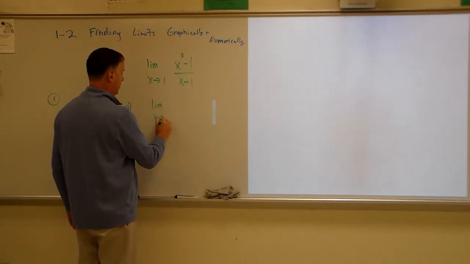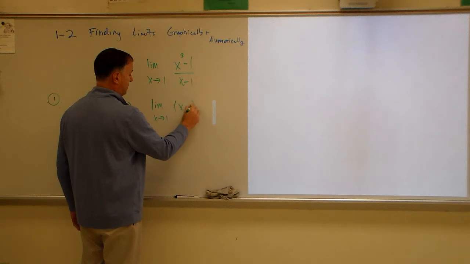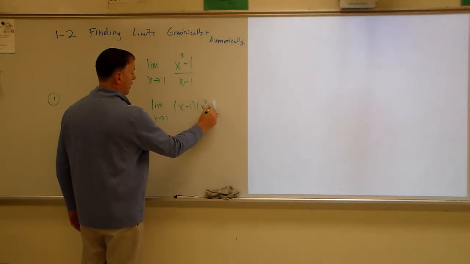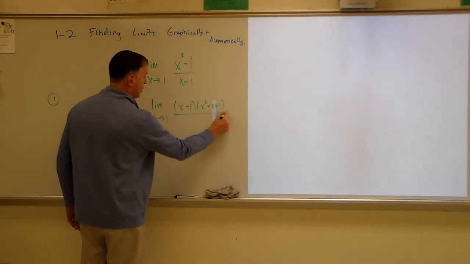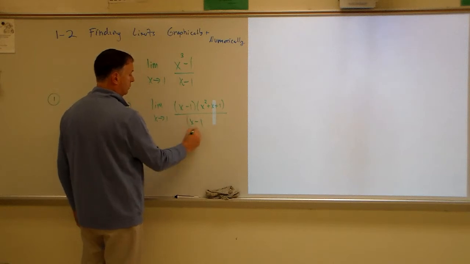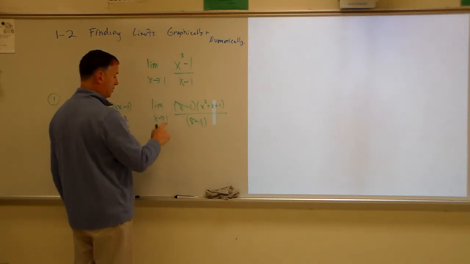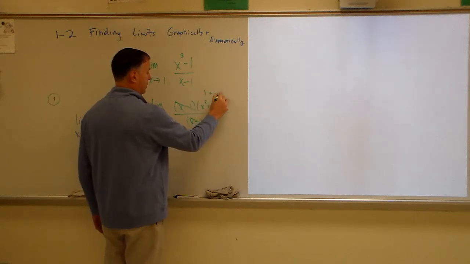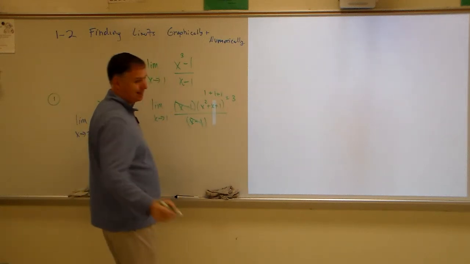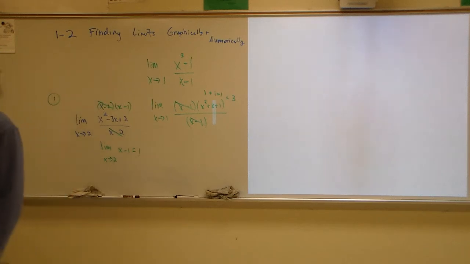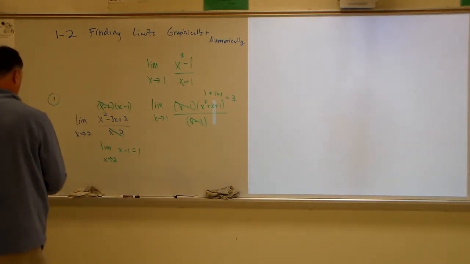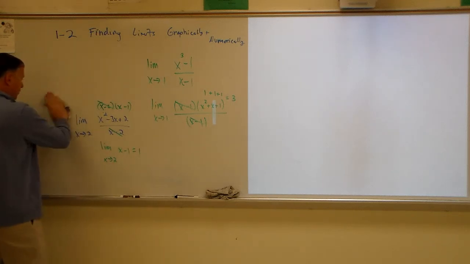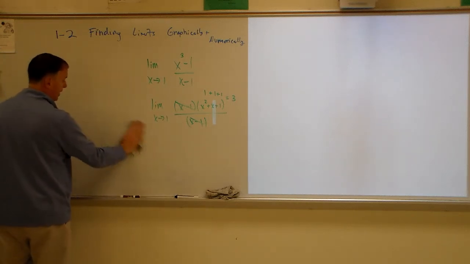The limit as x approaches 1, that factors to x minus 1 times x squared plus x plus 1 over x minus 1. Now those would cancel. Take a 1 and plug it in. 1 squared is 1, plus 1 plus 1. I get 3. That's the same thing we got doing it graphically and numerically. Okay, so just a little preview for section 1.3. Or sometimes it's a way to check your answer.